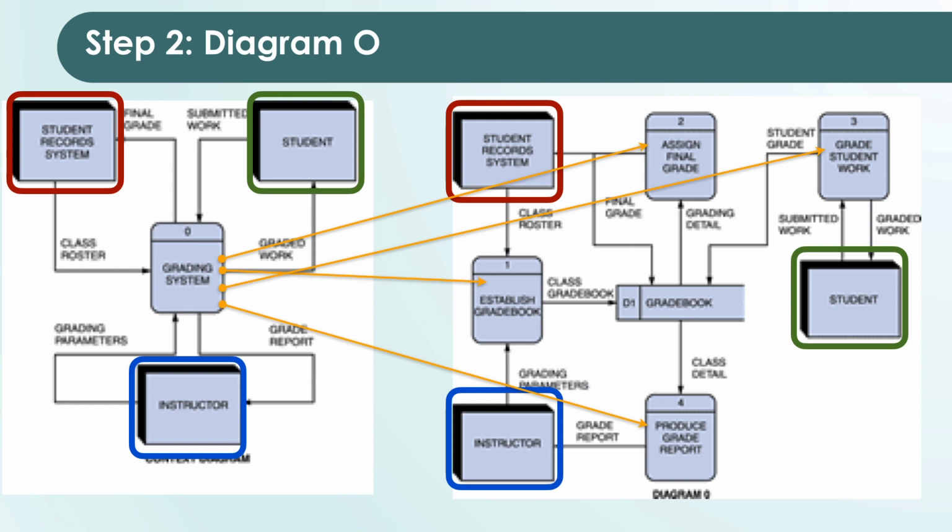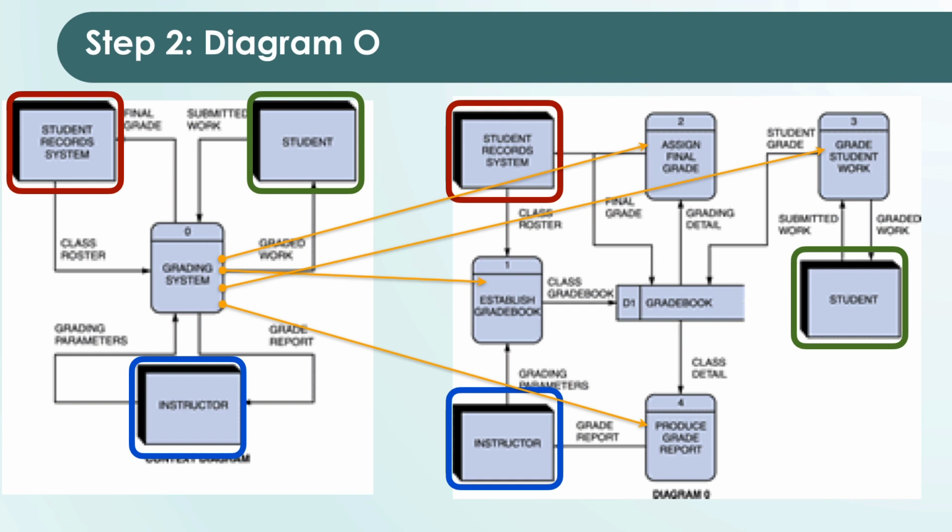You can also see here there is one data store, that is D1 grade book. The grade book data store is used to store the class grade book, to store the final grade, to store the student grade, and it can produce the class detail and the grading detail to the system.